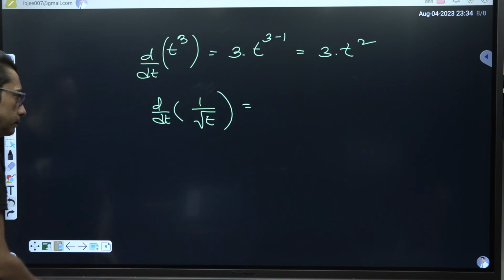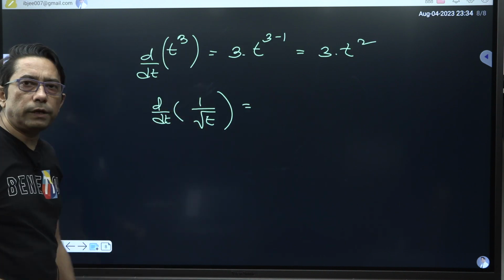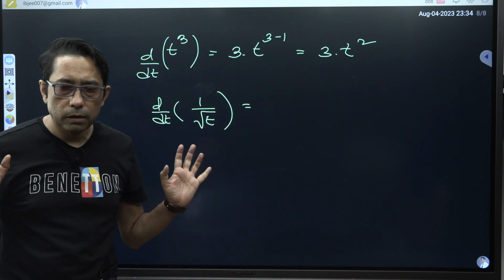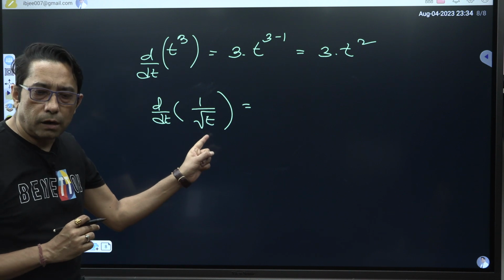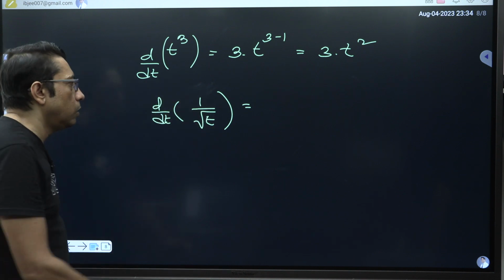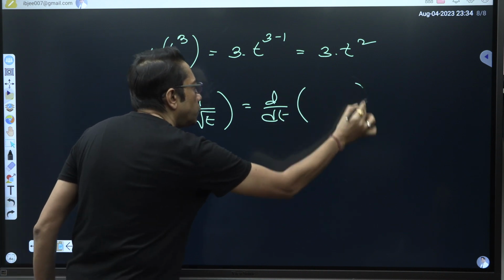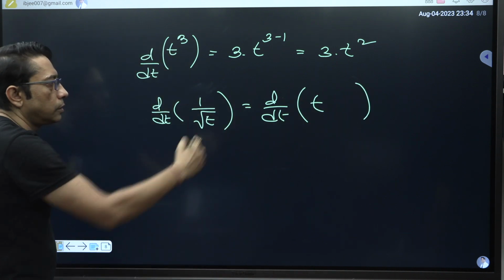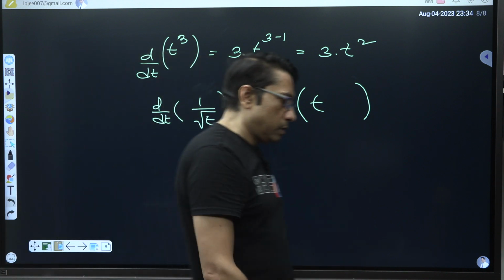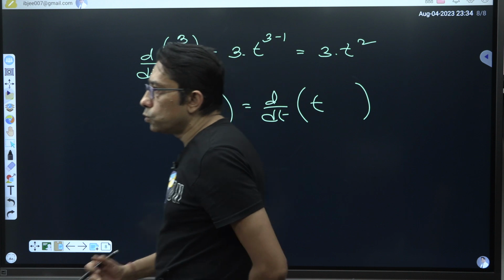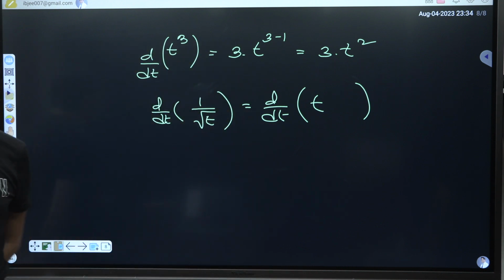Is the expression given in the form t to the power something? Yes or no, Arghaneel? No, sir. So let us make it happen like that. What should we write this expression as? t to the power 1 by 2 means root over t. 1 by root over t.